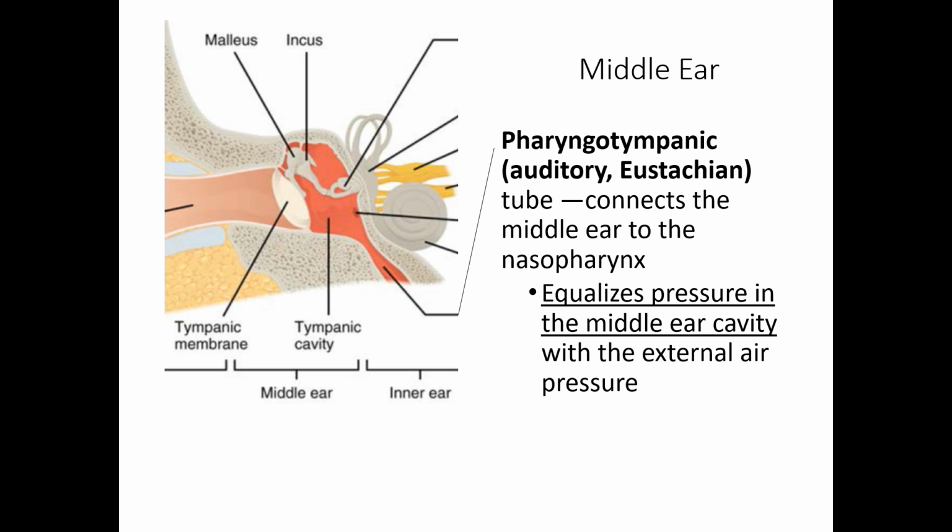Sometimes when outer pressure changes, when for example you are on the plane and the plane is landing or going up, you will have that unpleasant sensation in your ears, and then what you need to do is chew, swallow, and that's what opens the pharyngotympanic tube and equalizes the pressure. I think out of those three, pharyngotympanic tube is the best name because it reflects the location, the connection between the tympanic cavity and pharynx.